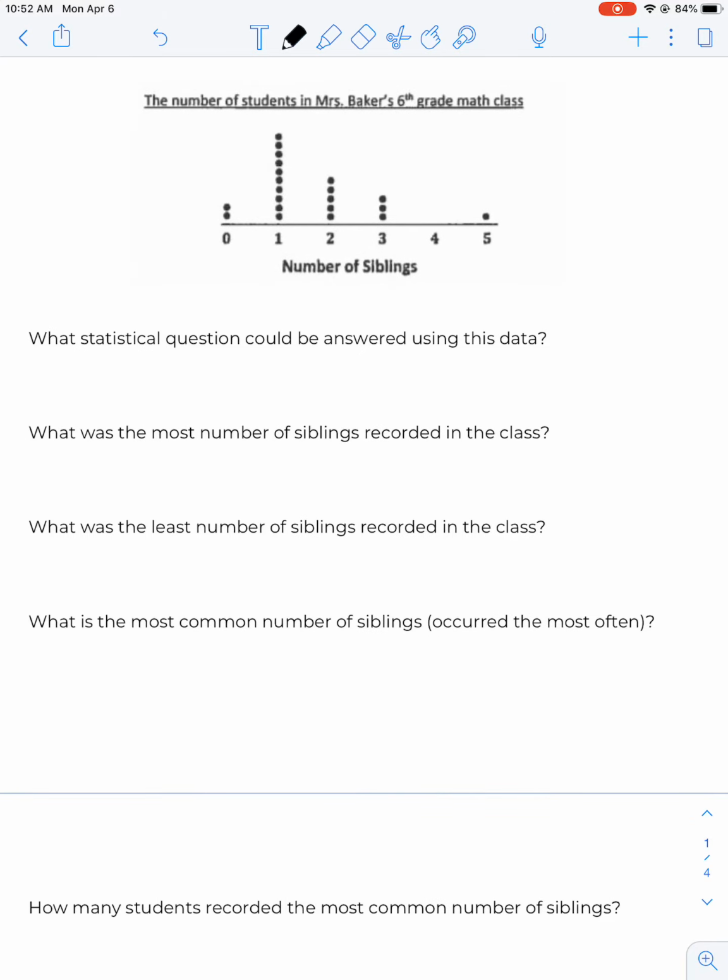Now, the first thing it asks is what statistical question could be answered using this data. So for example, we could ask the statistical question, what is the median? Another question we could ask is what is the mean?